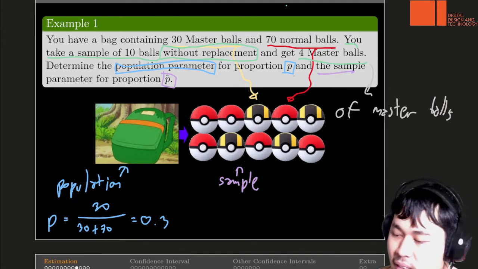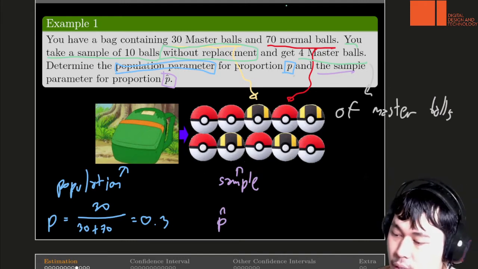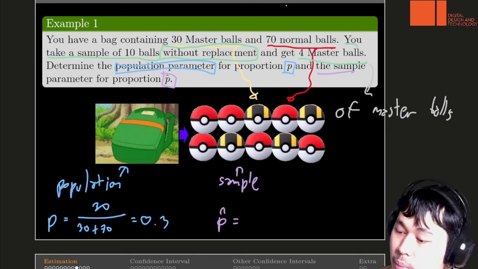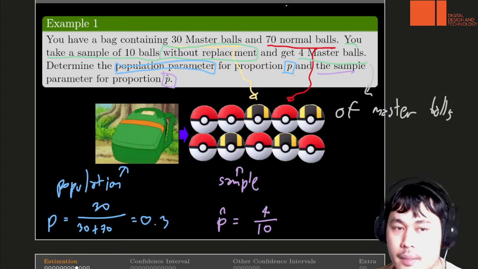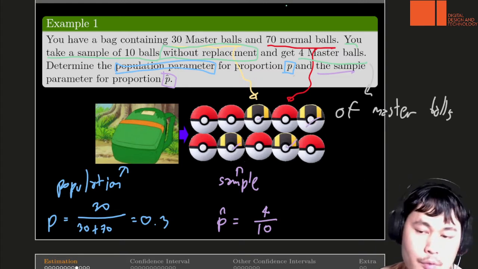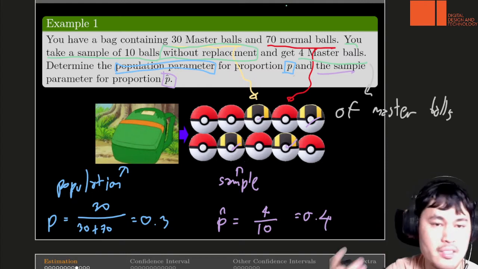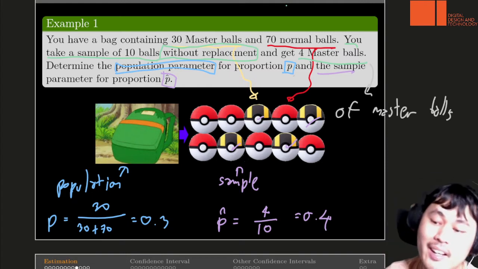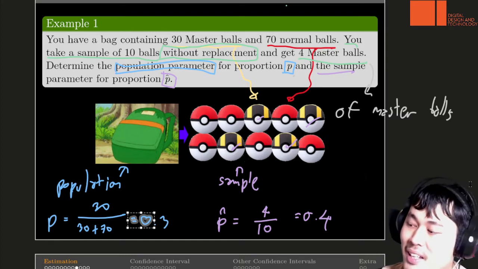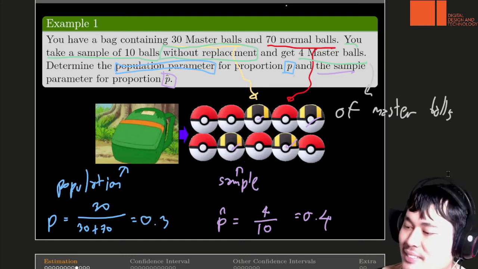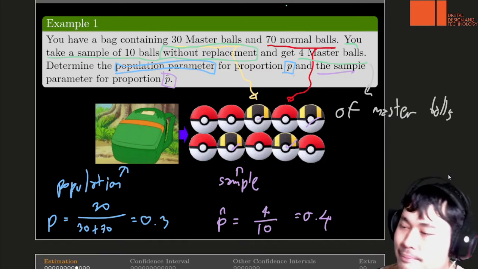But for this experiment, for this specific sample, the proportion that you see here is 4/10. You get to see 1, 2, 3, 4 master balls. So it's 0.4. As you can see, it is slightly higher than the actual population parameter, which means you are a little bit luckier to get good balls out of this bag.